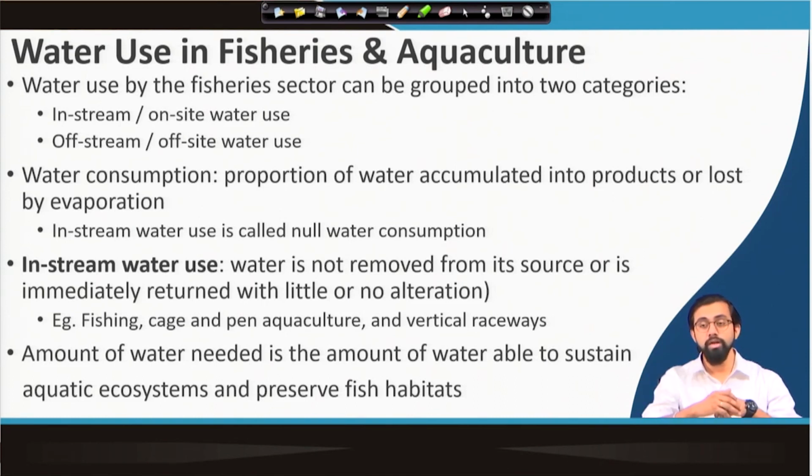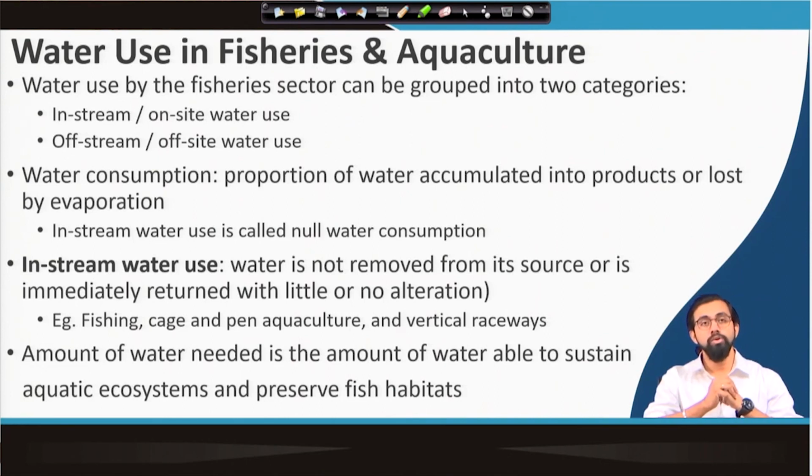You have to go to the municipality, or if you are from the rural sector, it comes with a cost because of the conduit system, the pipelines, and the pump to bring the water to your systems, or if you want to build a canal, that also involves a certain cost. All these things are the main sources of water use and water consumption in your farm, in your aquaculture pond.